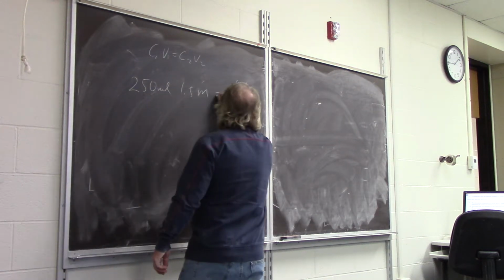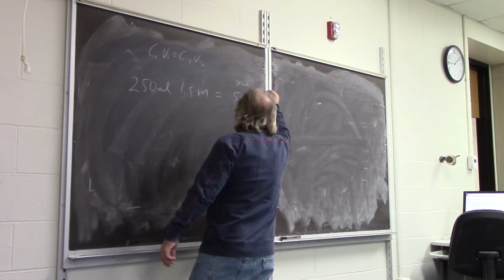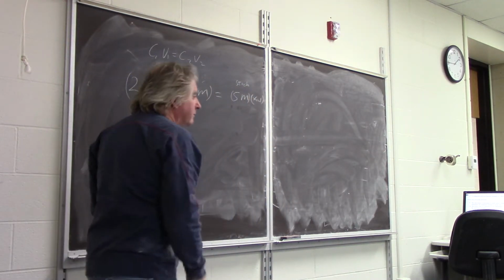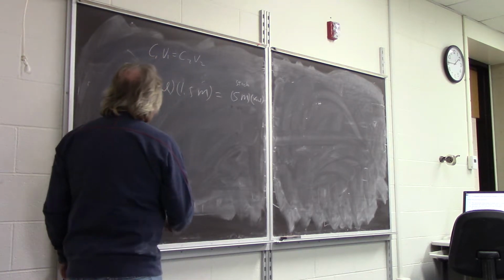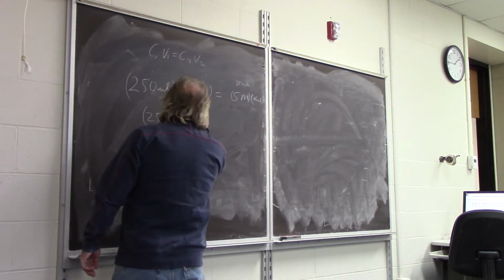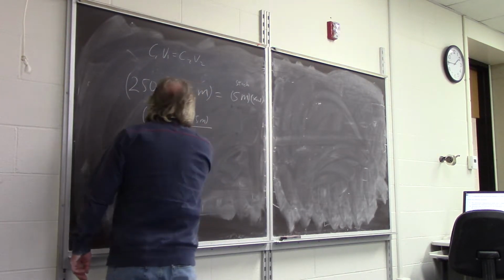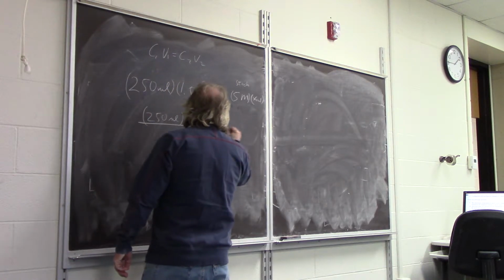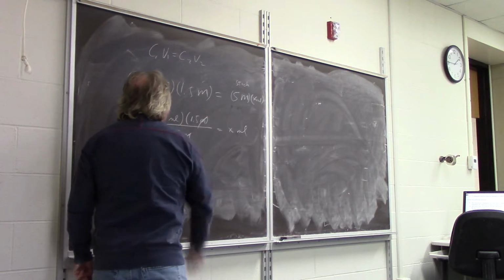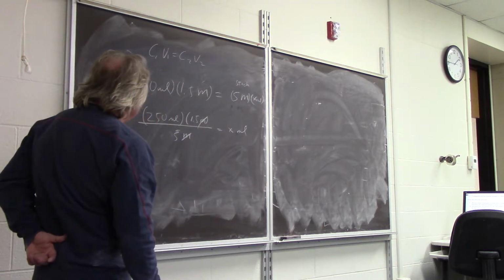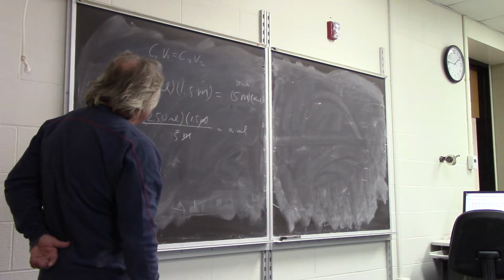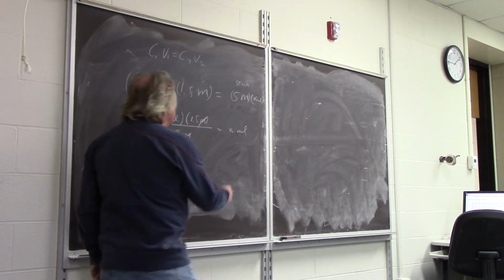Okay, so you keep the units. As long as the units are the same on both sides, you don't have to worry about liters or any other units. So you get 250 mils, 1.5 molar, divided by 5 molar will equal X mils of your stock solution. 75.